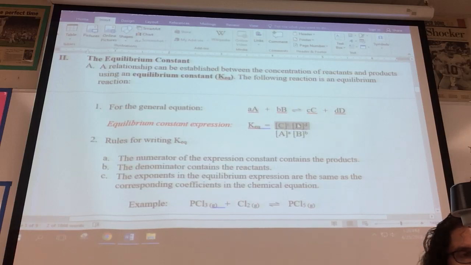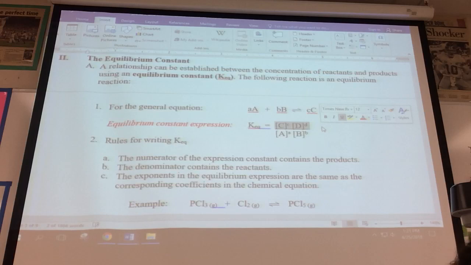There's always one student who starts adding like crazy. It makes a big mess. Over reactant concentrations raised to their coefficients. You must have concentration brackets here. Products go on top. Just remember, products on top. Products in the numerator, reactants in the denominator, and you'll be successful here. So what it's raised to is its coefficient.